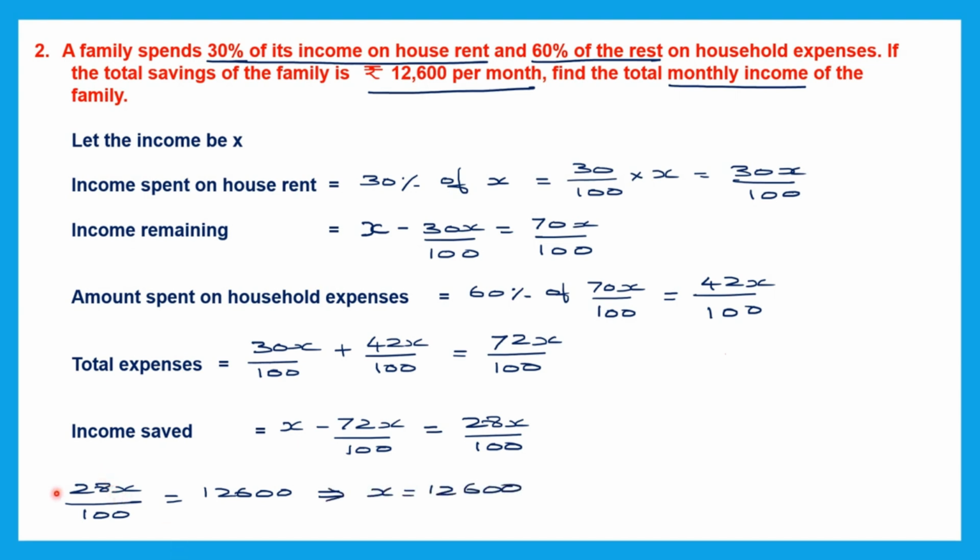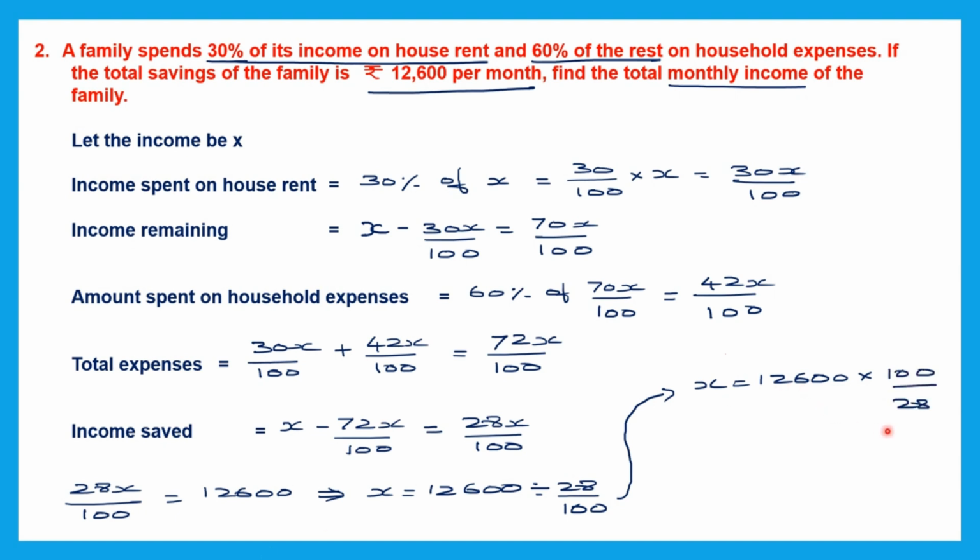Now here we have 28 by 100, isn't it? It's multiplication. So when it goes to the other side, it becomes division. So divided by 28 by 100. So let's simplify this further. Let's simplify it. X is equal to 12,600 into 100 by 28.